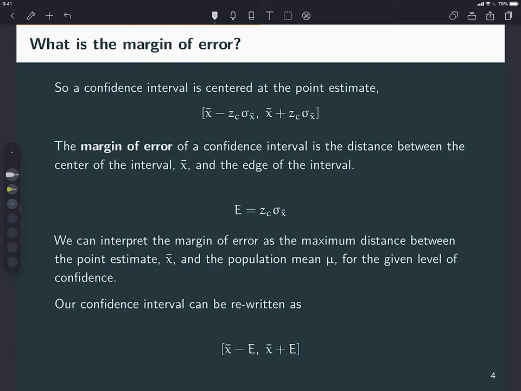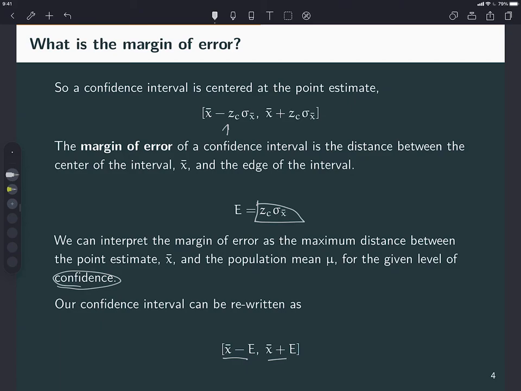The margin of error can be interpreted as the maximum distance between the point estimate and the population mean under the confidence that we're using. And of course, if you just call this the margin of error, then this looks very simple: x bar minus the margin of error and x bar plus the margin of error.